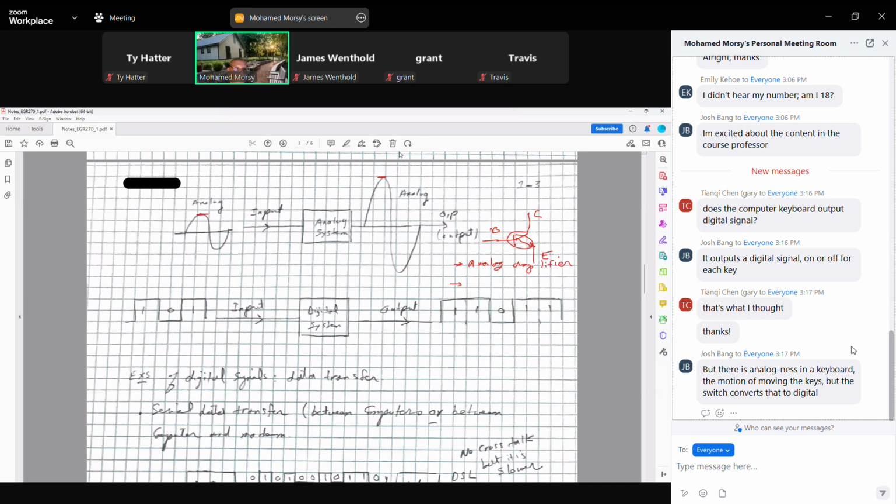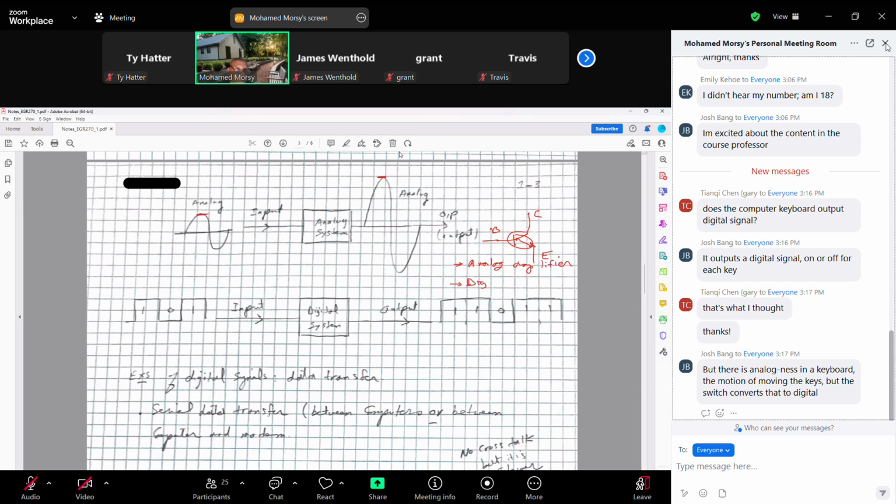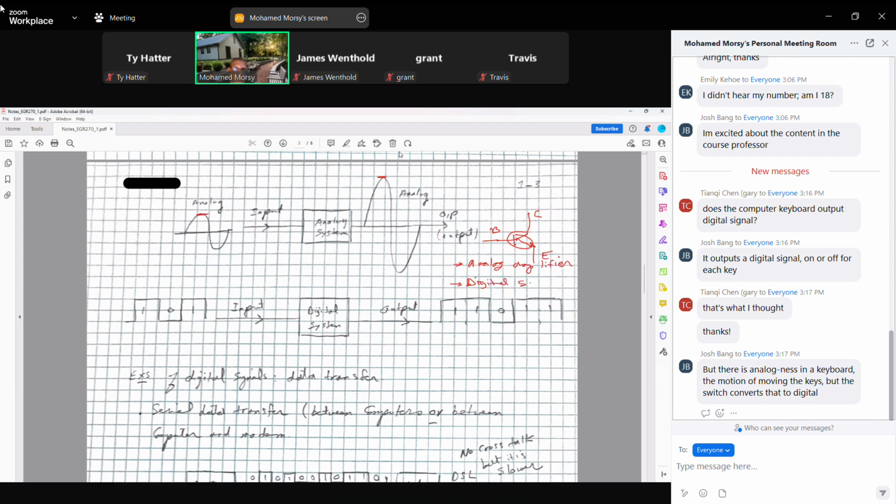In digital, it works as a switch. The same transistor is used. This is a bipolar junction transistor. So the same transistor is used in analog and in digital, but the function is different.